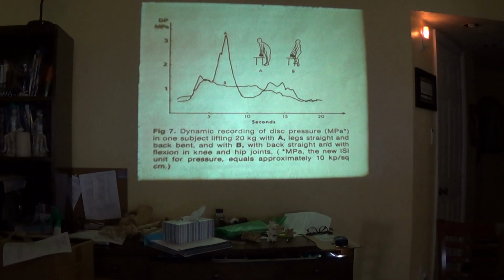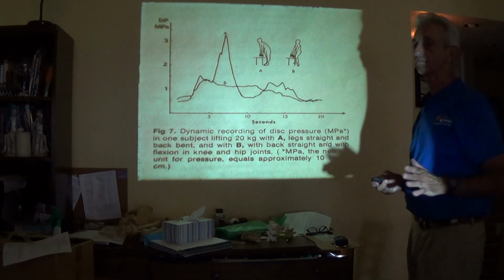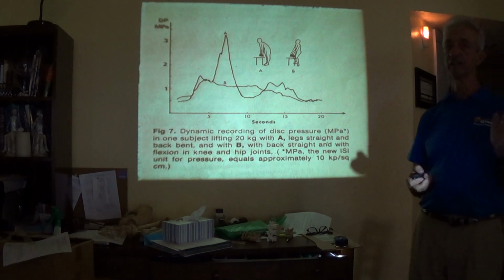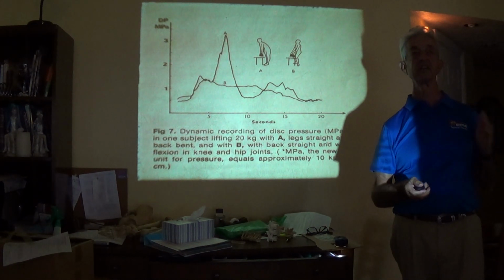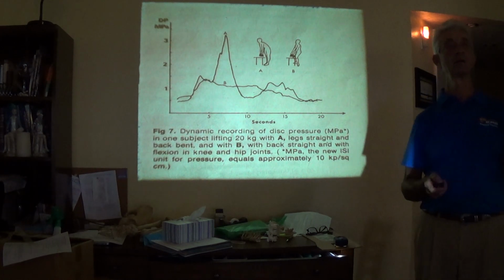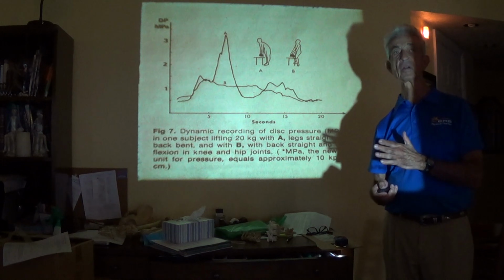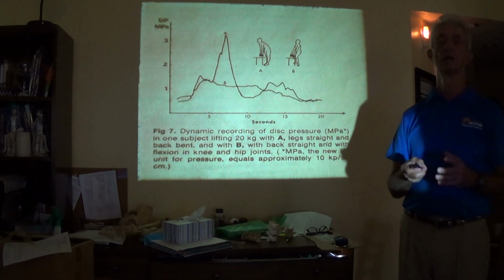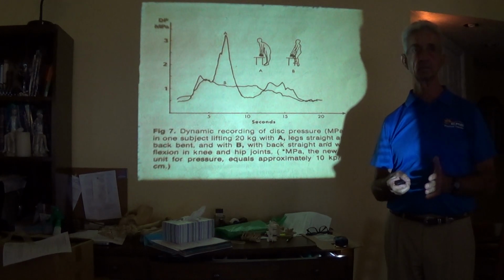So what is the significance of all this? The significance is, with discogenic problems, flexion increases tangential strain, it increases interdiscal pressure, it increases the likelihood of failure of the annulus posteriorly.